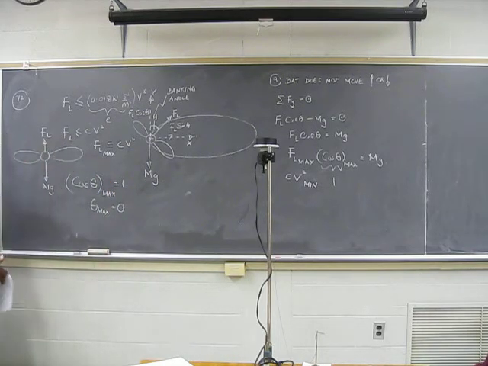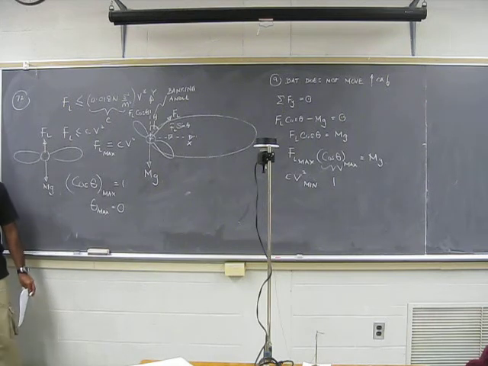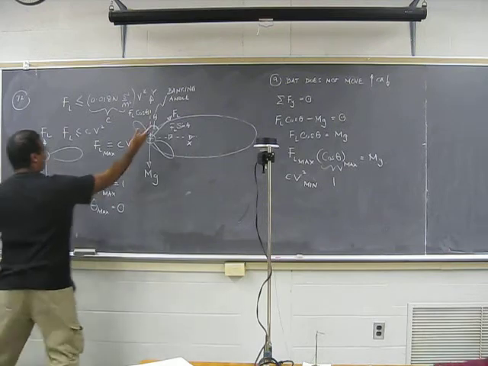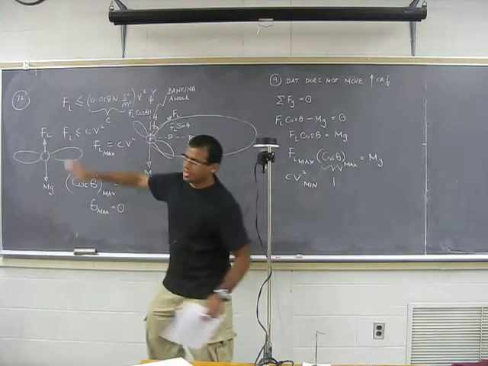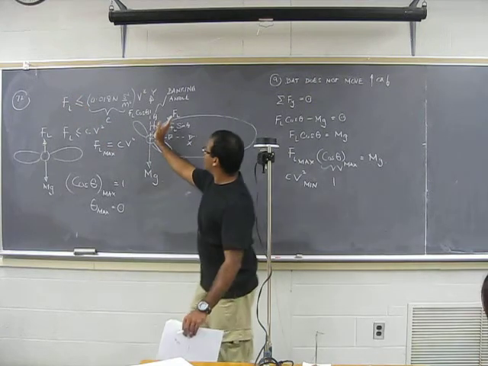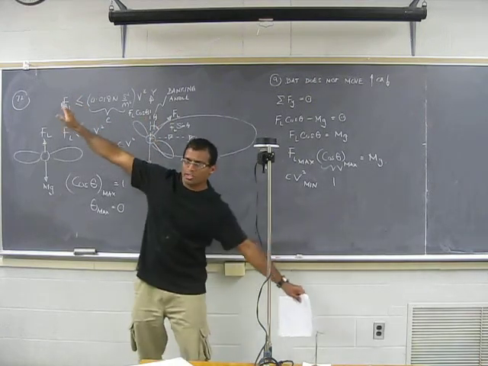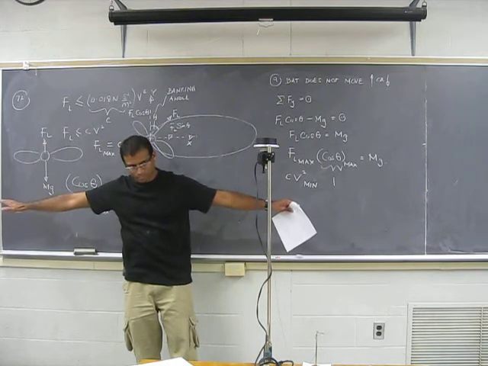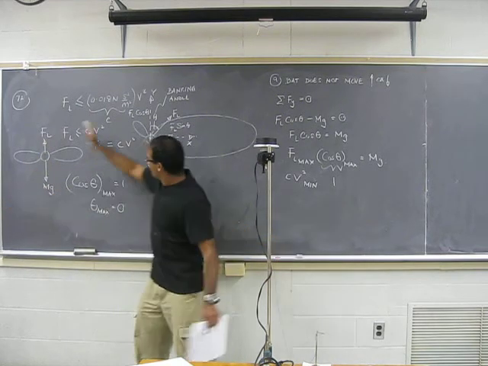So let's understand this. What is the meaning of this? What is the physical meaning of this? Now look at this banking angle. So in other words, this is flying like this, right? So if my banking angle goes to 0, what does it mean? It means that I'm gradually coming like this. Right? Think about this.